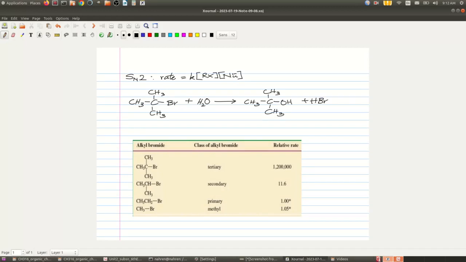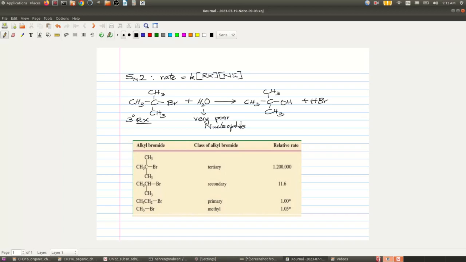Now, given our understanding, we expect that the rate of this reaction, because it's a tertiary alkyl halide, and this is a very poor nucleophile, would be very slow, because from the understanding of the SN2 reaction, this tertiary alkyl halide is sterically hindered to be attacked by the nucleophile.